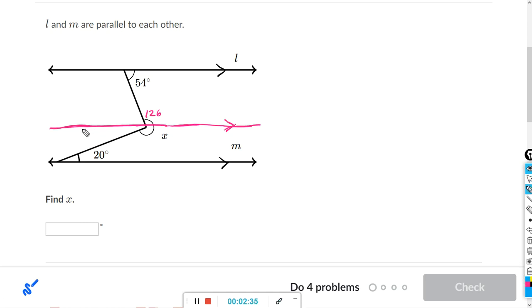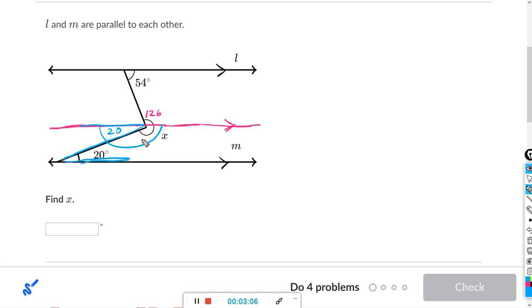So right here, with this 20, we have a Z shape. We have this, this, and this. The angles inside the Z are congruent. So if this one is 20, this one right here is going to be 20. And this is a straight line right here, so those two combined are going to be 180.